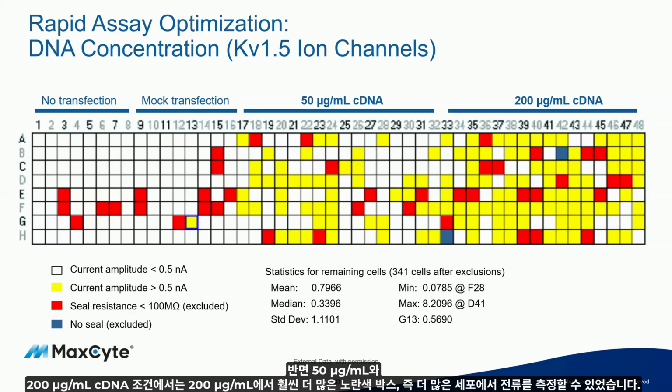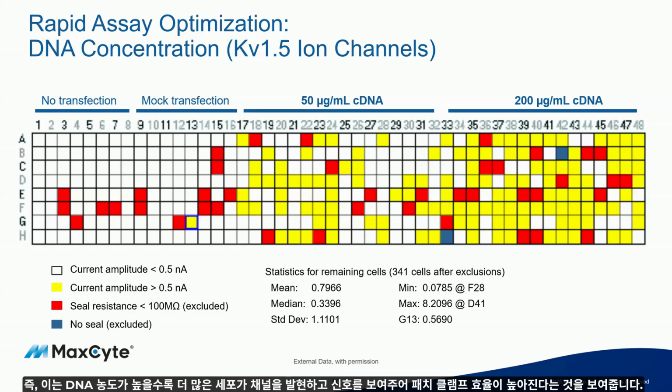Concentration might not be the first thing you think about for how many cells you can get, but it makes sense because the more DNA you put in, the more channels you get, the more likely the cells received the DNA and are expressing the channels, and therefore the more likely you're getting signal.